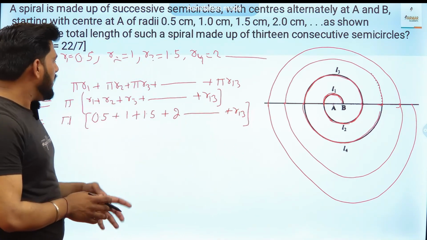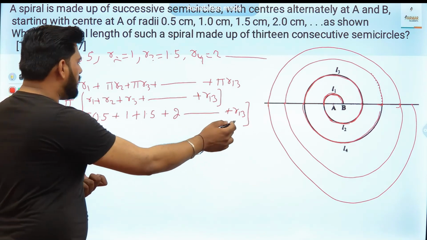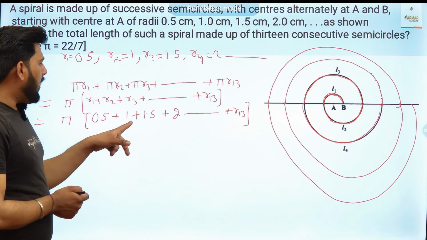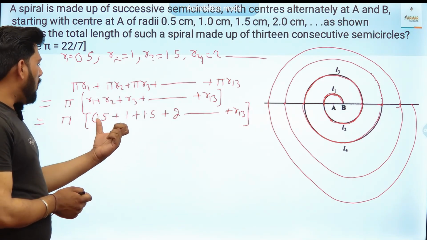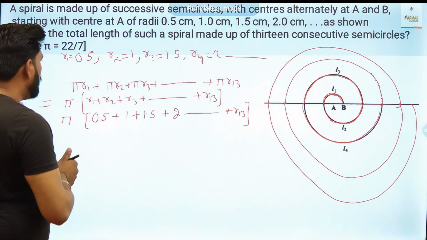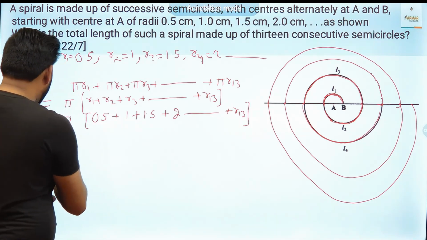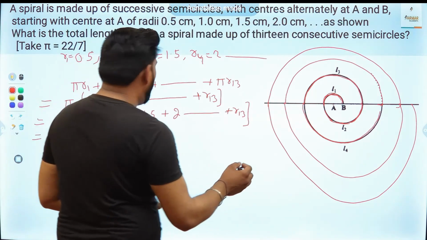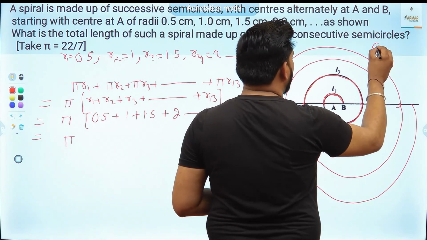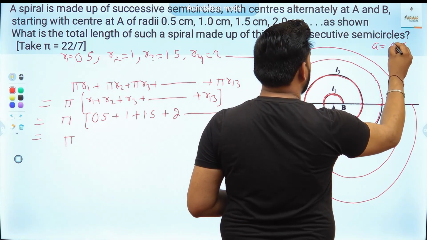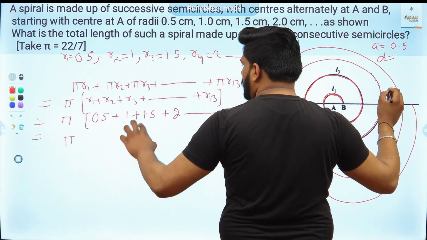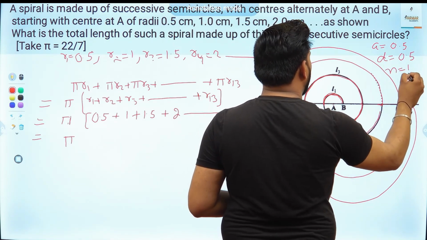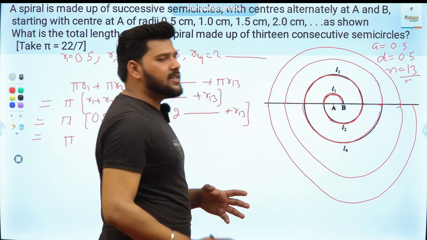Now look here, clearly the inner part forms an AP: 0.5, 1, 1.5, 2, and the common difference is 0.5. So we have to solve it. What are the values here? A, the first term, is 0.5. The common difference is 1 minus 0.5, that is 0.5. And the number of terms is 13, because we are using 13 semicircles.